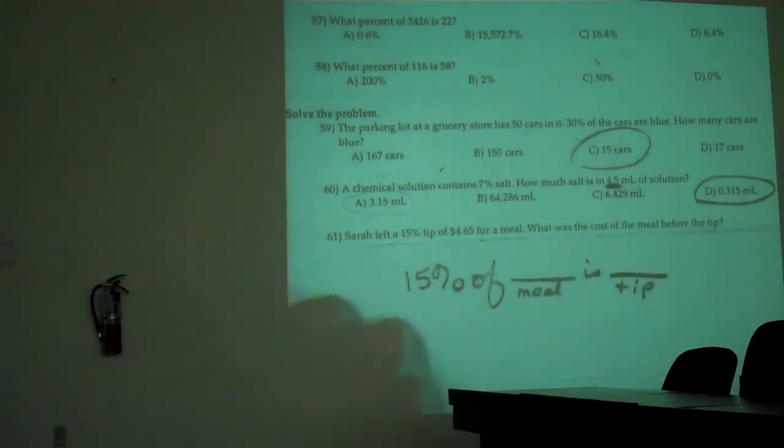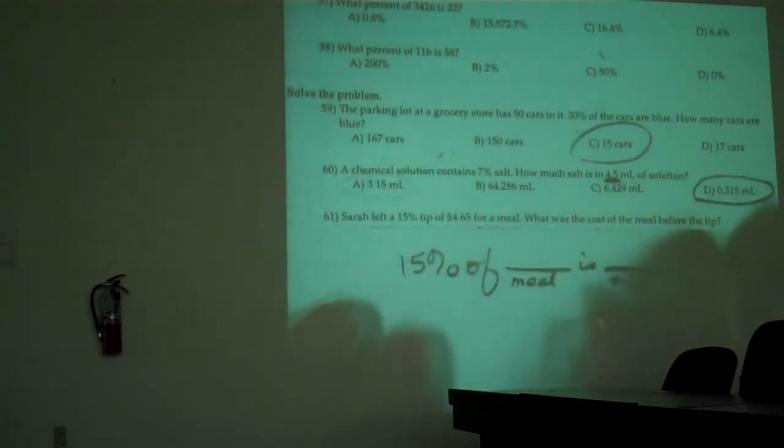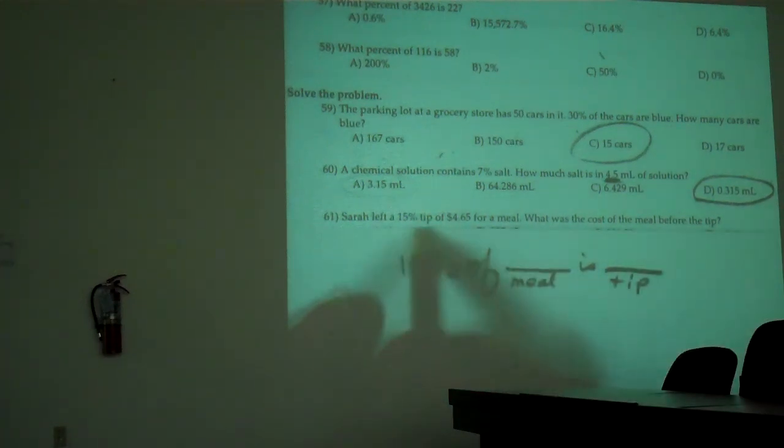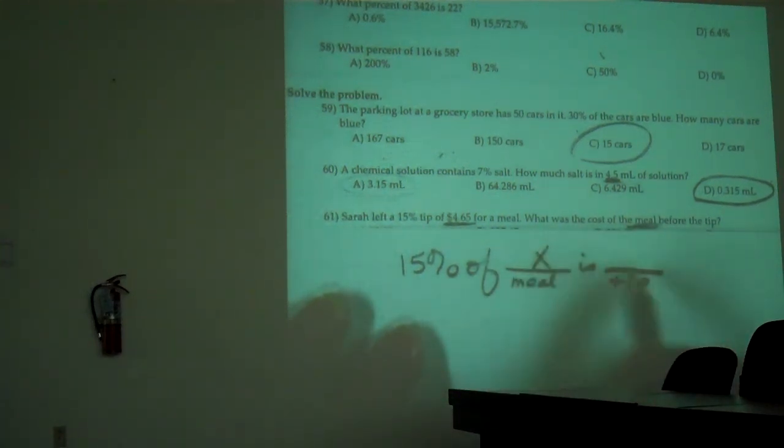What is $4.65? That's the tip, right? We don't know the cost of the meal, but we know the tip is $4.65.